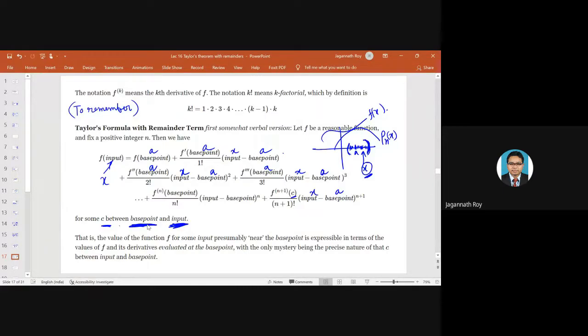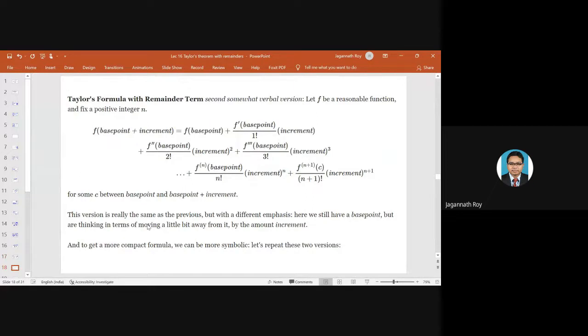Now if you just rewrite it in a different way, then what happens? This is x, so input is there, input plus base point. Or you can write base point plus increment, like this one, a plus h.